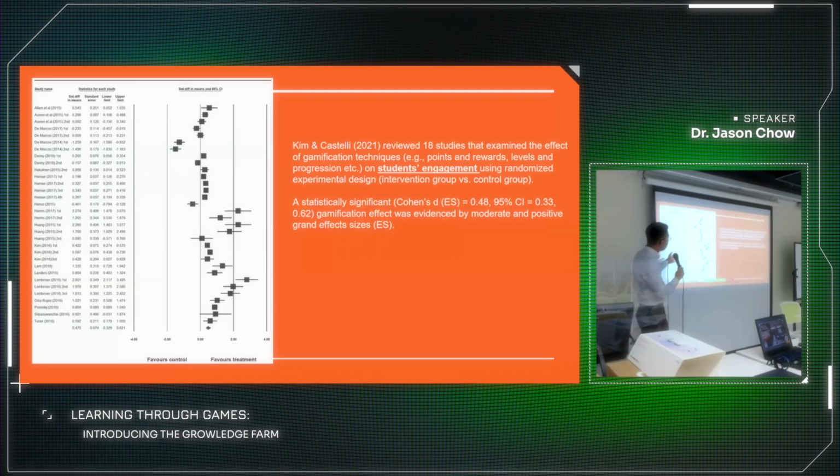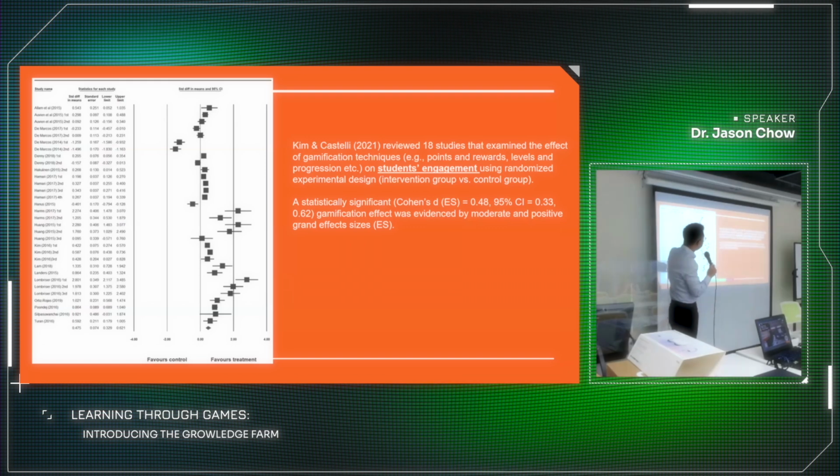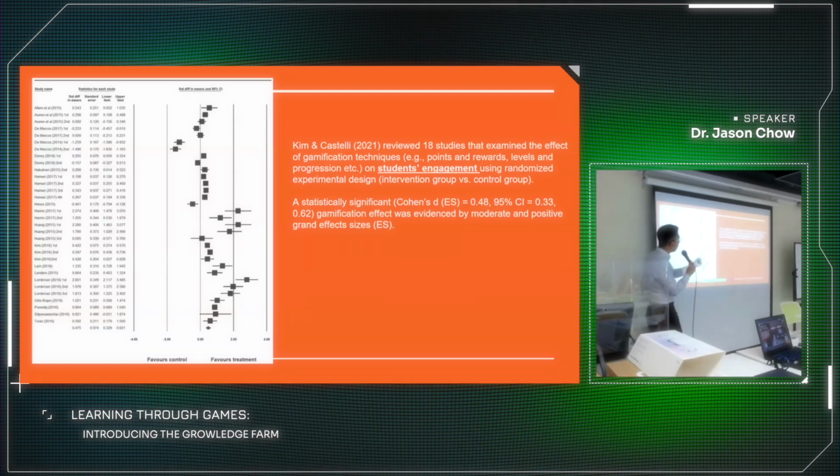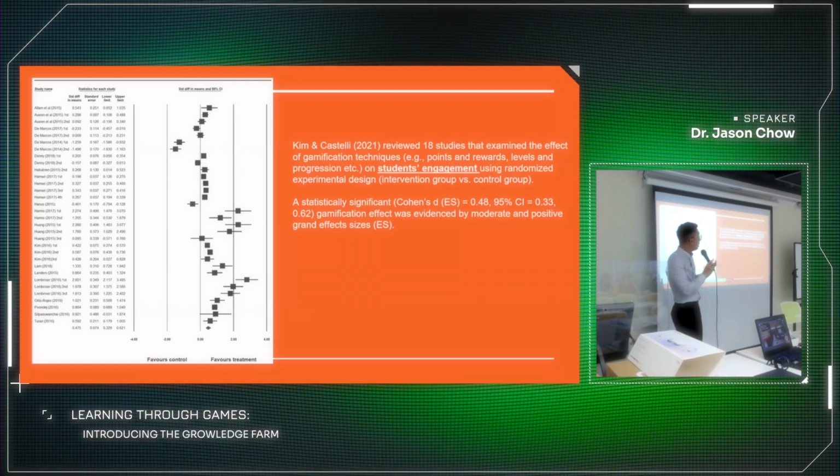I also tried to do some literature review. When I look at the meta-analysis, which means a review of existing quantitative findings, what we find is that, for example, in this literature review, they reviewed 18 studies that examined the effect of gamification, like points and rewards, levels and progression, something that I mentioned earlier, on students' engagement. So whether these tricks or techniques really enhance the students' perceived engagement in the task.